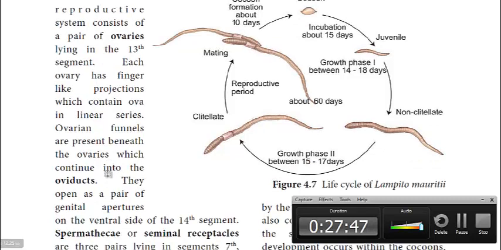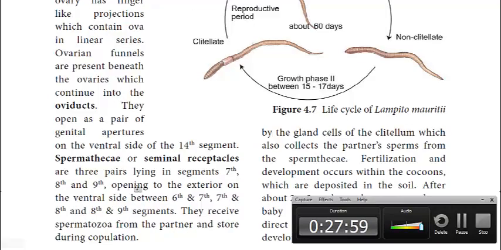So in the funnel மூலியமா oviducts இருக்கு. They open by a pair of genital apertures on the ventral side of the 14 segment. Spermathecae or seminal receptacles are 3 pairs lying in the segments 7th, 8th and 9th. ஏற்கனவே நம்ம படிச்சிருக்கோம் spermathecae or seminal receptacles. So through which the sperms can be received, opening to the exterior on the ventral side between 6th to 7th, 7th to 8th and 8th to 9th.